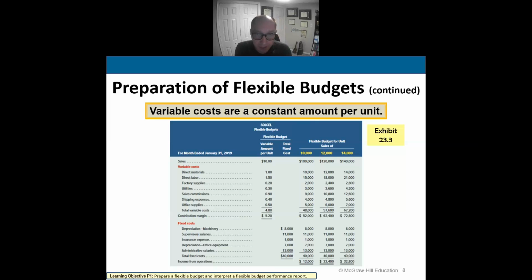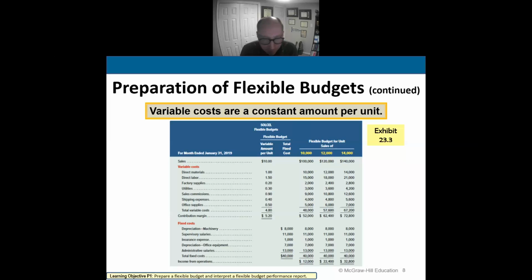So this is an example of a flexible budget. Think of it as low, medium, high. These are my levels of activity. Low, 10,000 units. Medium, 12,000 units. High, 14,000 units.